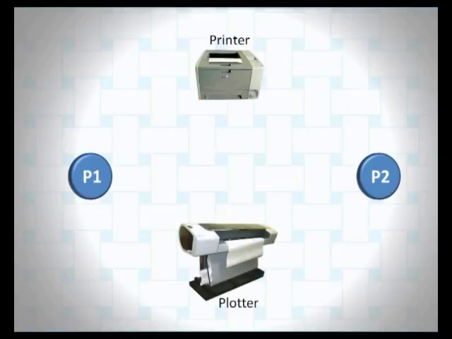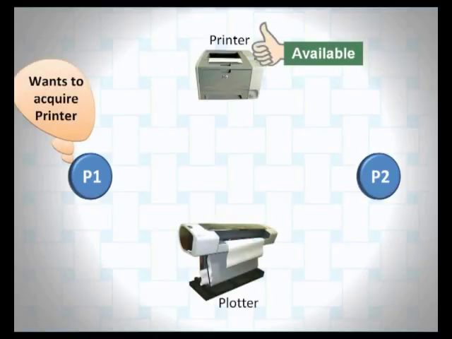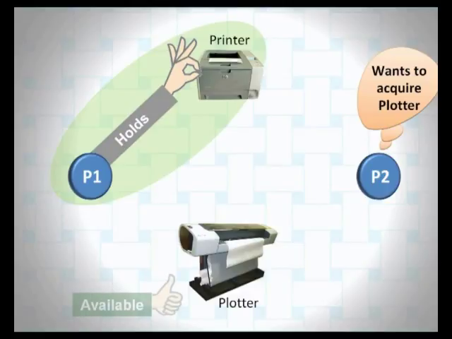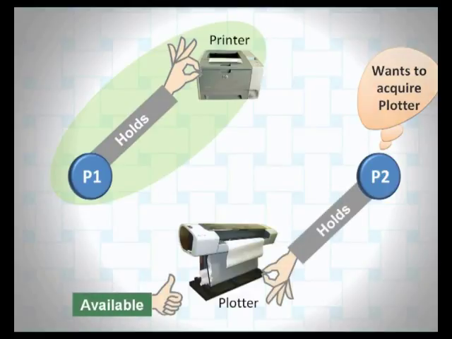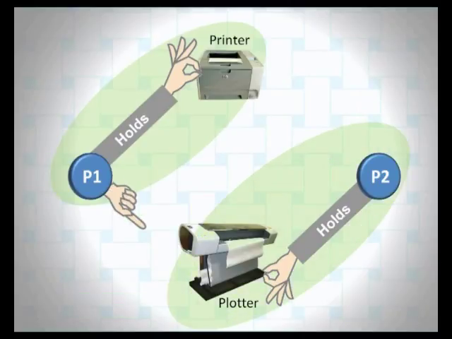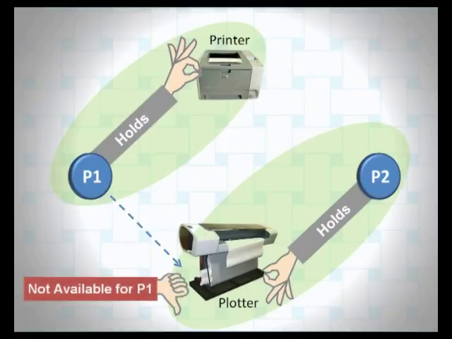Let us consider two resources, say a printer and a plotter. P1 requests and holds the printer, and at the same time P2 requests and holds the plotter. While holding the printer, process P1 requests the plotter held by P2. But P2 has not completed the task with the plotter and hence is not able to release the plotter.